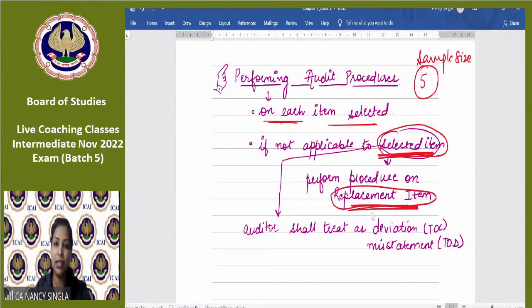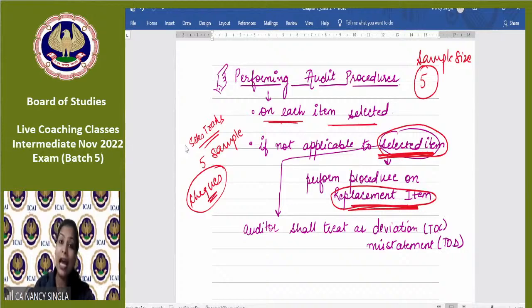Let me explain this to you with the help of an example. The auditor was checking all the sales transactions and he took a sample of 5. He was checking the receipts, the checks, all the checks.